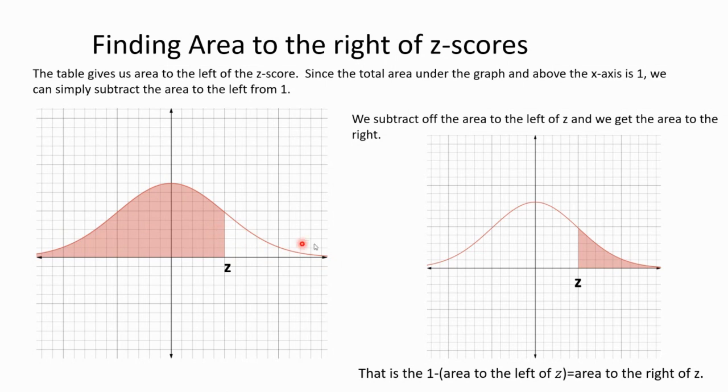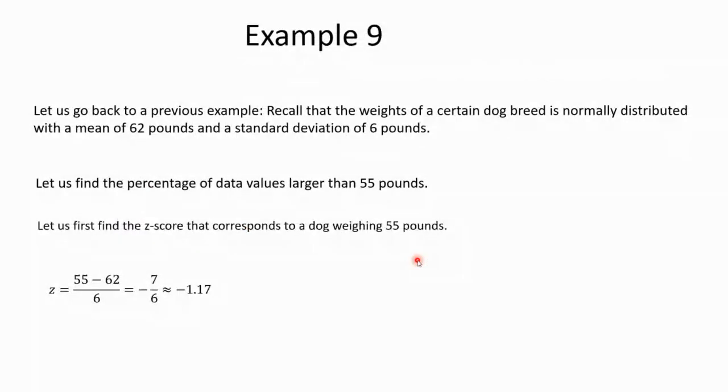Okay, so again, we could take the whole area, throw this piece away. We're going to be left with this piece. So it's 1 minus the area to the left of z is what I'm trying to say. So whatever is in the table, you do 1 minus it. That's really what I'm trying to say. So as an example, this was actually an earlier example that we did.